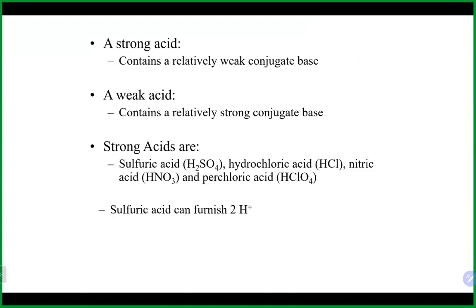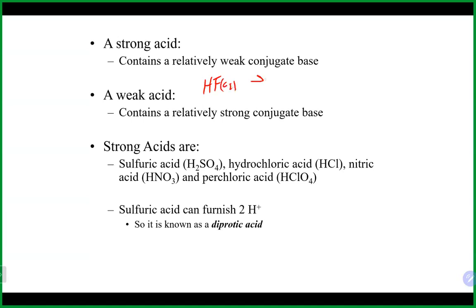As was an earlier question, a strong acid or a strong base has a conjugate partner that will be relatively weak. And if something comes from a weak acid or a weak base, its partner will be relatively strong. For example, if we had HF, which as we just talked about is a weak acid, when it breaks apart it's H plus and F minus.